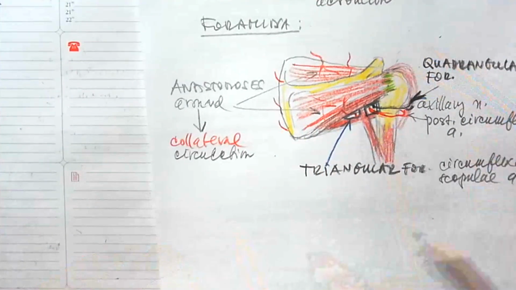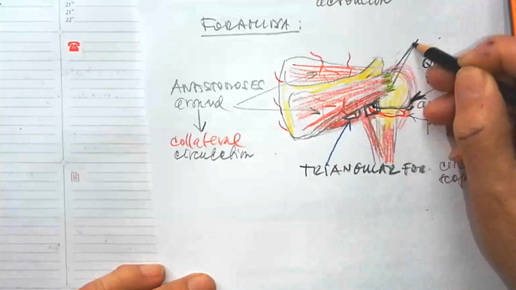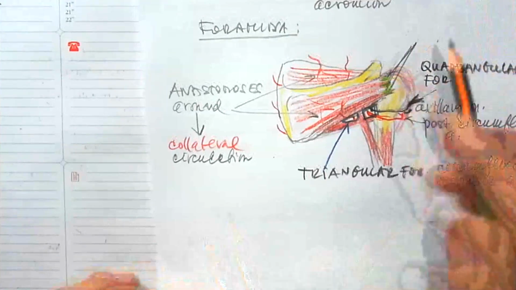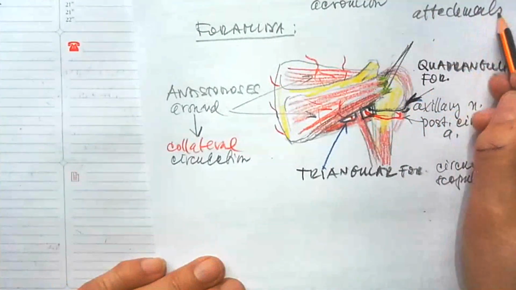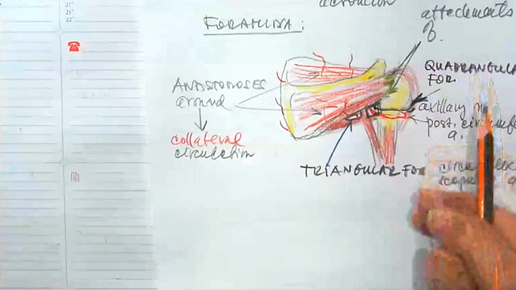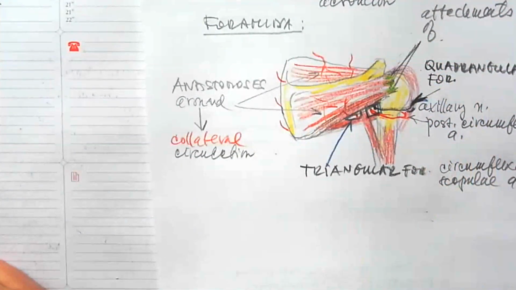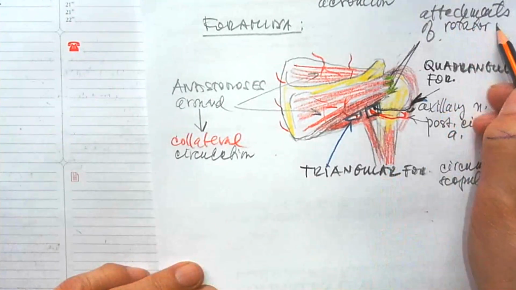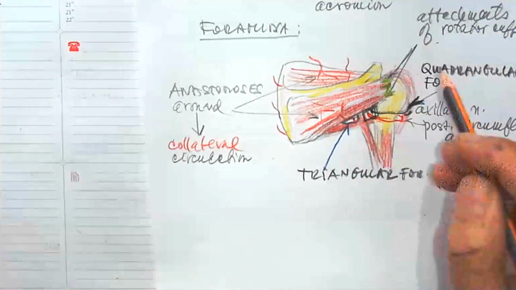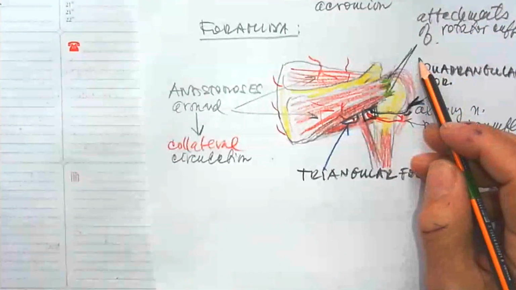And as we said, here we have attachments of the muscles, and these muscles are well known as the complex of the rotator cuff, which are supraspinatus, infraspinatus.